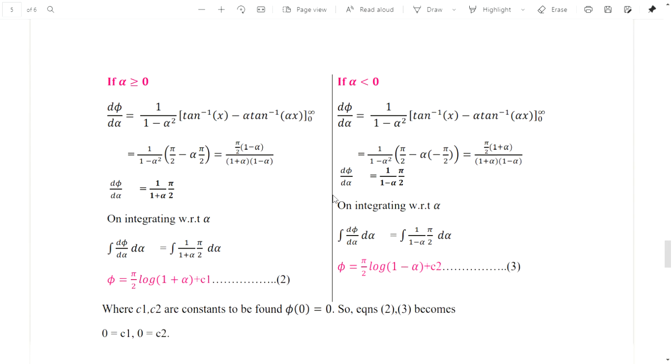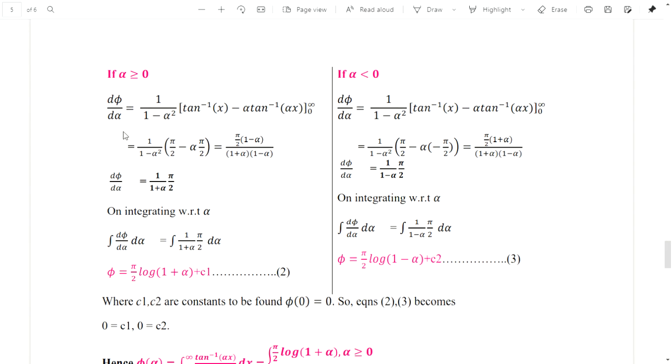So when alpha is greater than or equal to 0, d phi by d alpha is equal to, this is what the limits we got. So 1 by 1 minus alpha squared into tan inverse of the upper limit infinity, which is pi by 2, minus tan inverse of 0, which is 0. So minus alpha into tan inverse of the upper limit infinity is pi by 2, minus tan inverse 0 is 0.